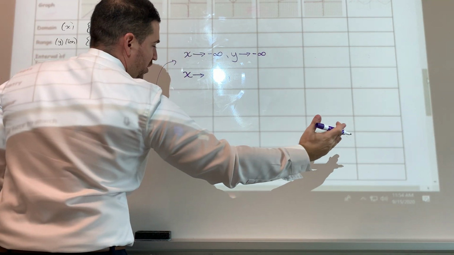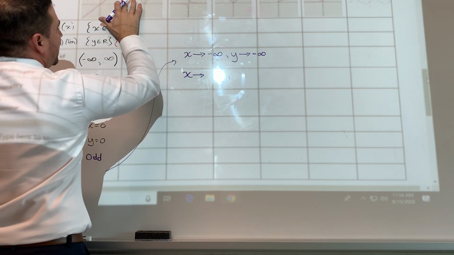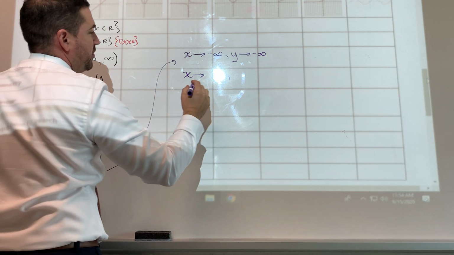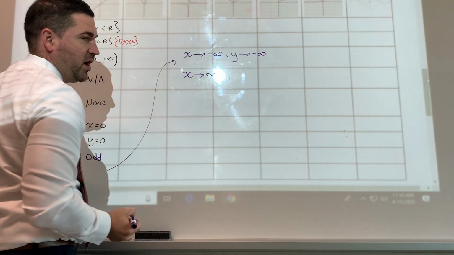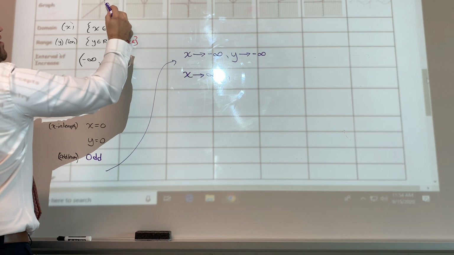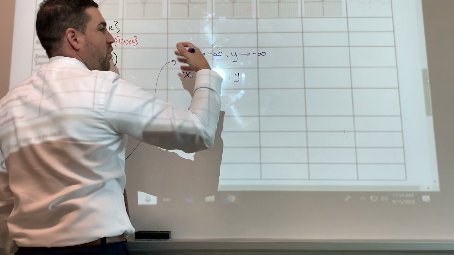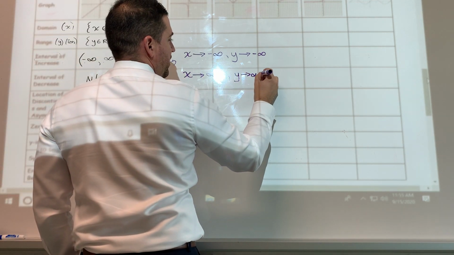Now we're doing the right part of the graph. As my x's get larger and larger, going towards infinity, our y values also increase. Our y values keep getting more and more positive, so we say y approaches infinity.